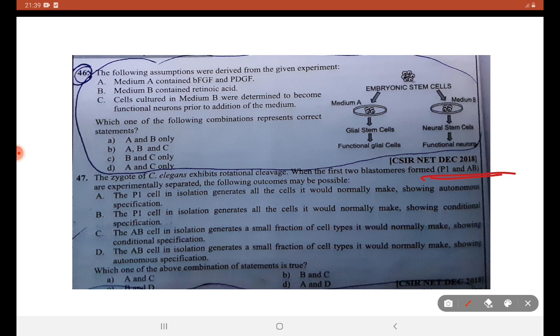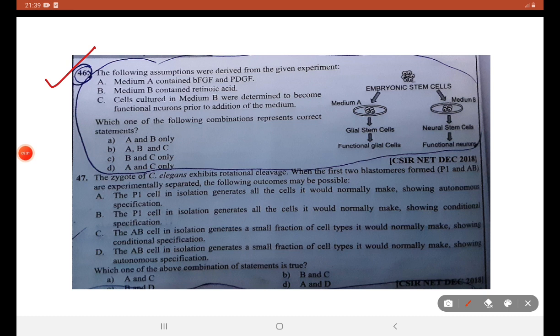Okay, we know AB undergoes conditional specification, but P undergoes autonomous specification. Let's see what is the answer. P undergoes autonomous specification and AB undergoes conditional specification. Here is the right answer. We have seen this explanation in the first question itself.